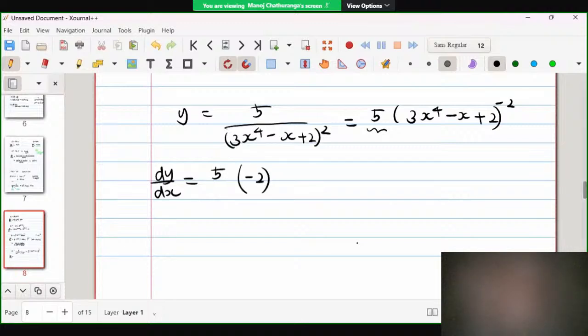I bring the exponent to the front and differentiate the outer function. And then I will differentiate the inner function.